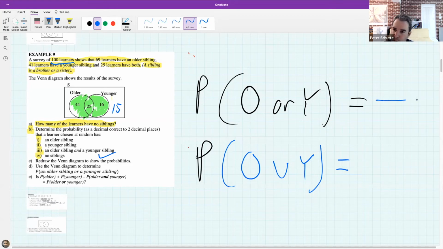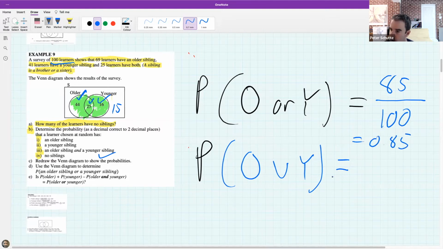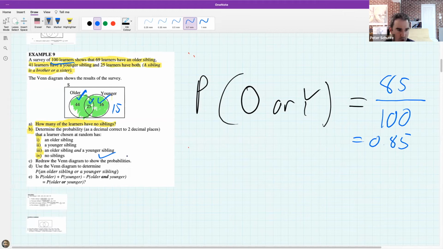The number of possibilities is still 100, but I need to add up all these things. So 44 plus 25 plus 16. So it's 85 over 100, 0.85. Okay, awesome.